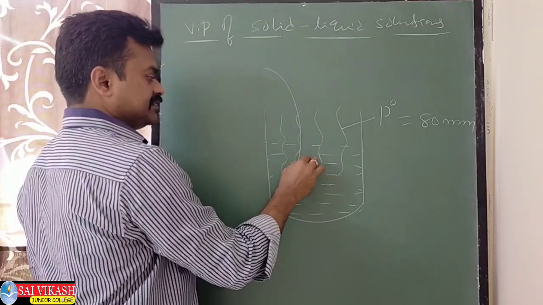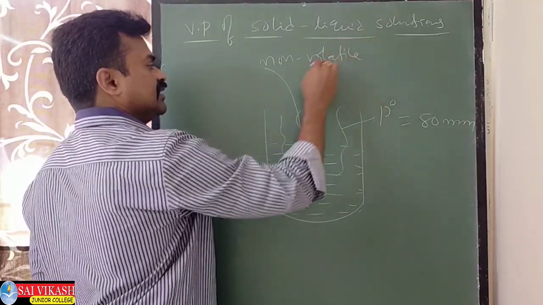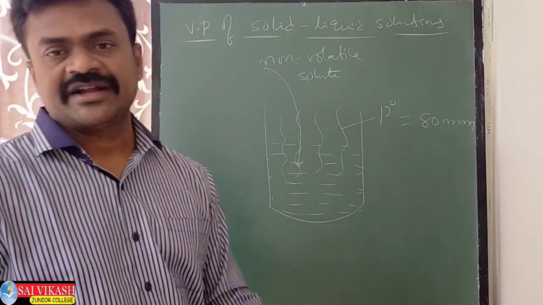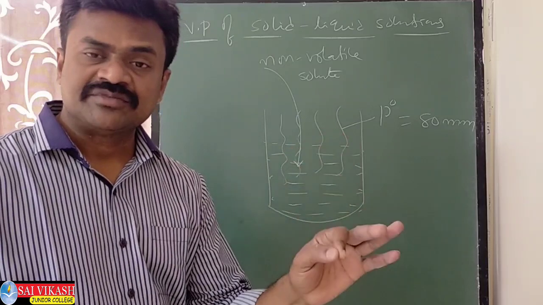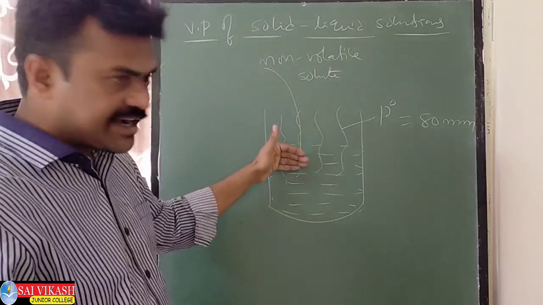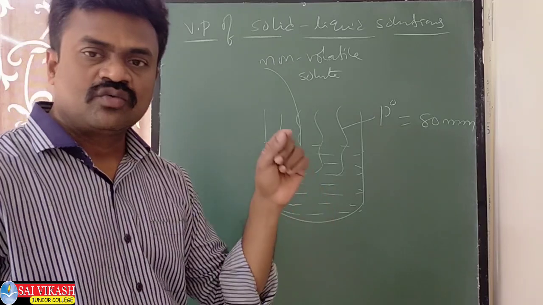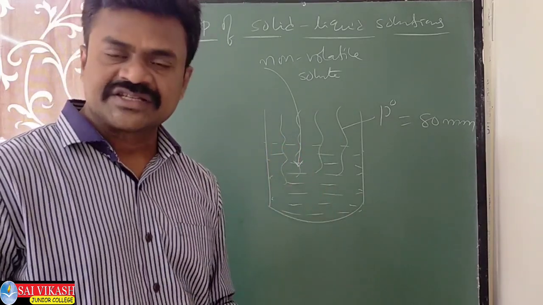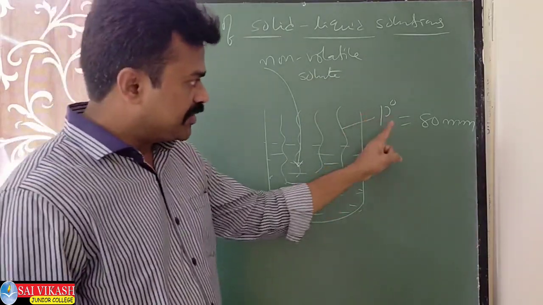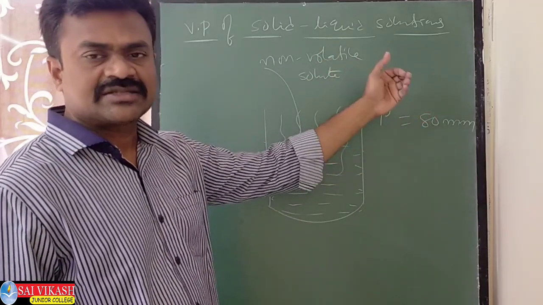I am adding a non-volatile solute, and I need to observe the vapor pressure. Now what happens? A solute is added to the solvent, and it becomes a solution. So whatever vapor pressure is coming from this is now the vapor pressure of the solution, not the solvent. Before adding a non-volatile solute, I took the pure solvent as P naught.